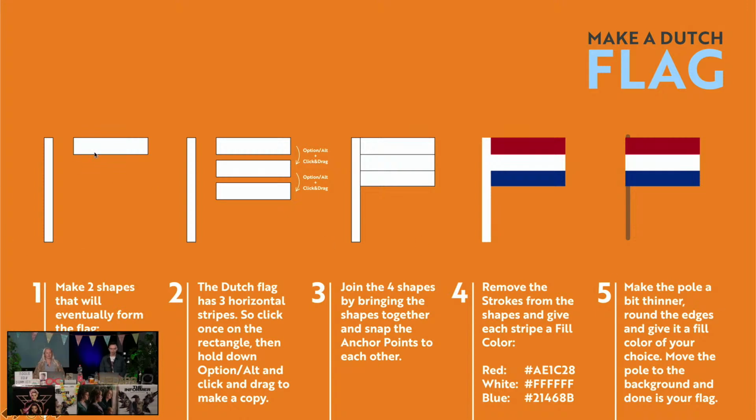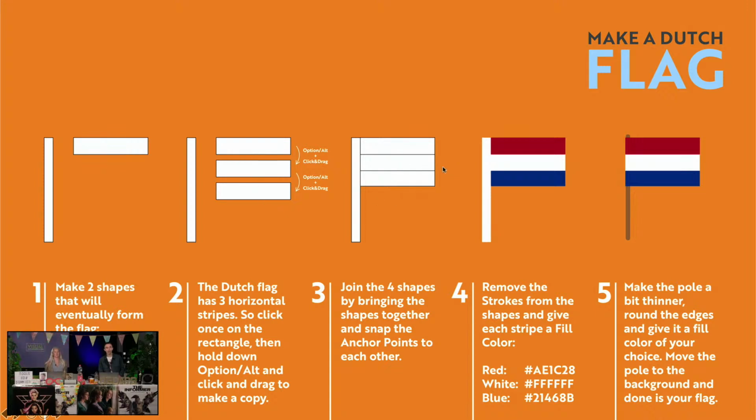So we start very easily with the Dutch flag, and as you can already see, it just consists of two shapes essentially. Yeah. Well, essentially, it's two rectangles, and then we copy the rectangles. So we have three rectangles over here.